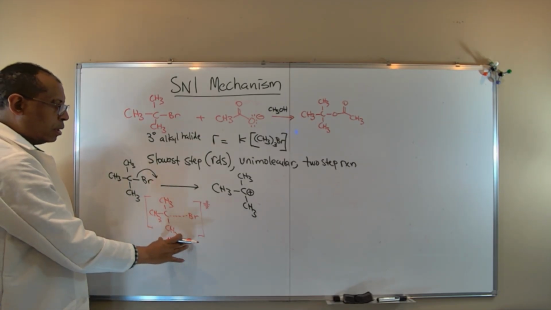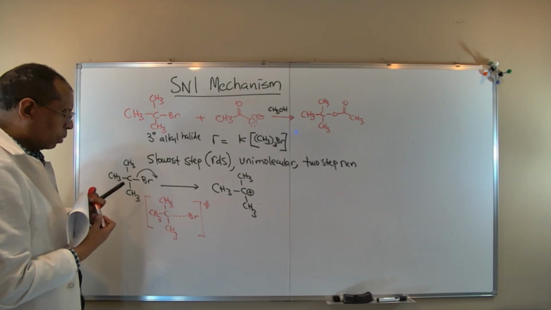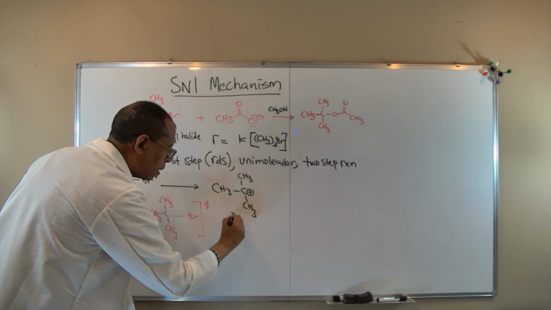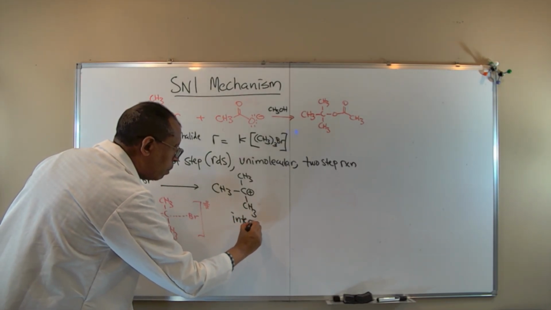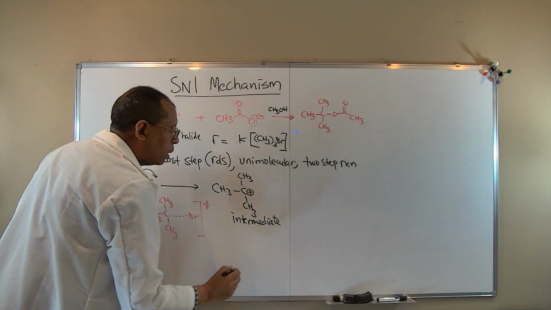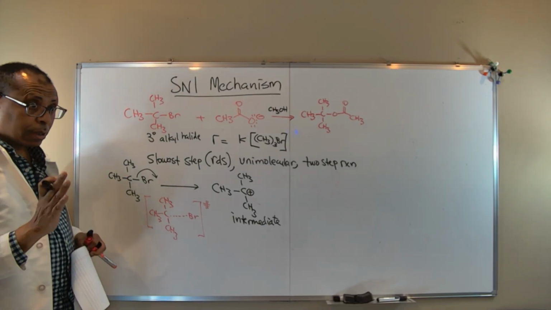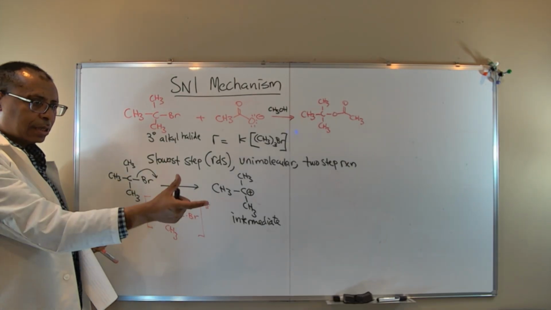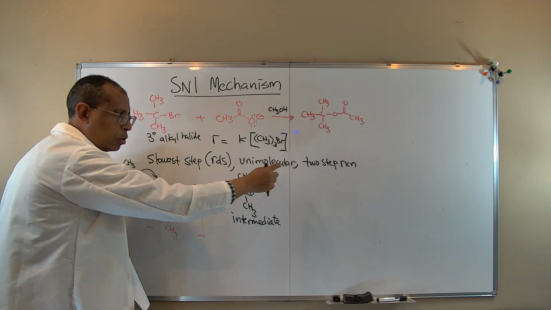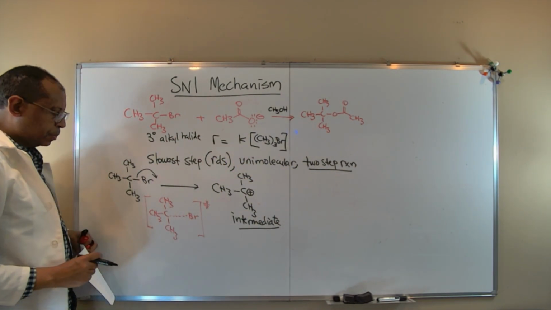This is what you see, and finally this intermediate is formed. So this is the intermediate. An SN2 reaction doesn't have an intermediate because it's a single-step reaction. In a two-step reaction, you have an intermediate.